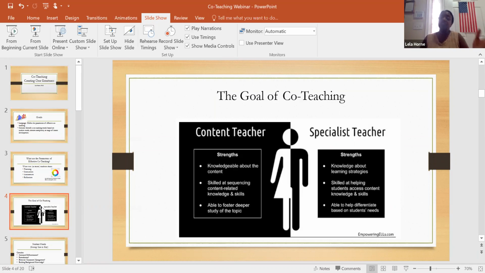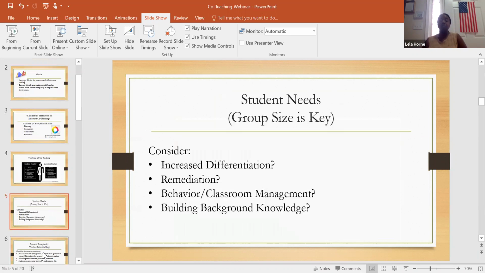At the same token, I think that the content teacher needs to build their strength on the language side so that we can work together more effectively. We both need to have both sides of that one coin. That's very important. But again, that's the ultimate goal.